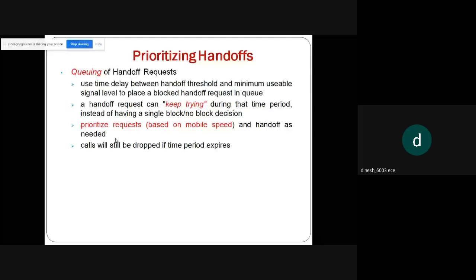So depending upon them, service is to be done, and the principle of queuing is to be adopted.